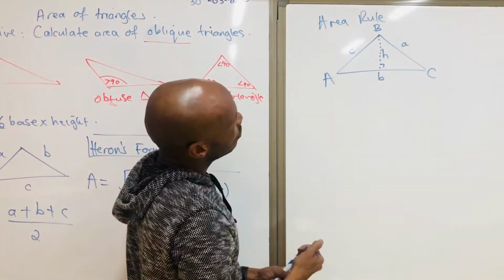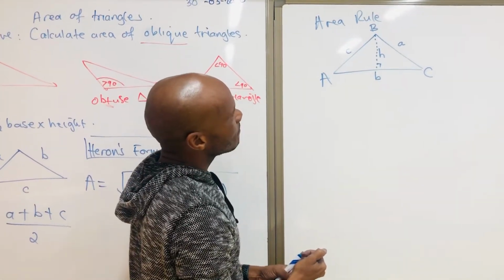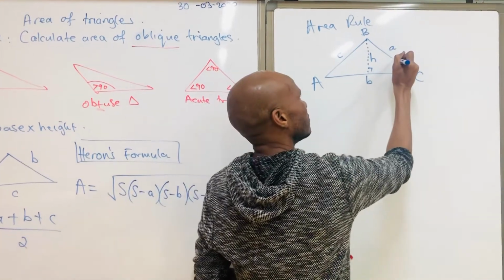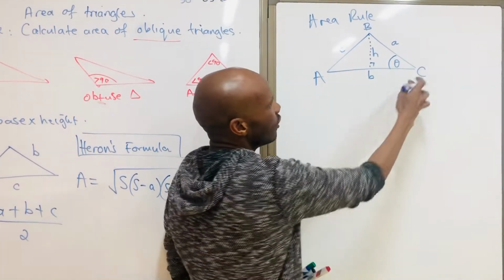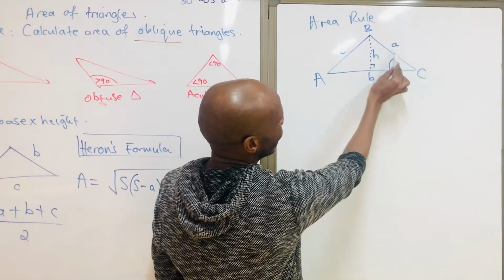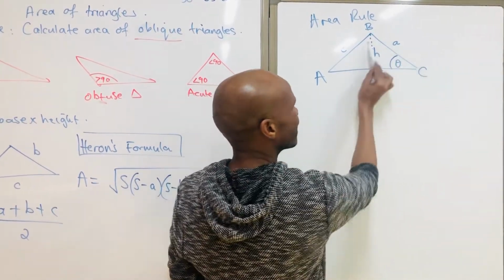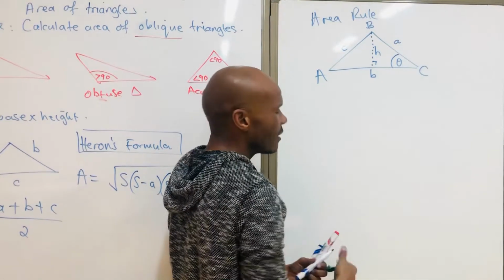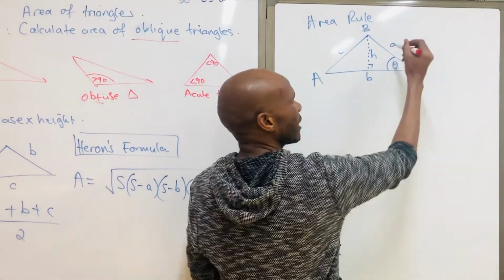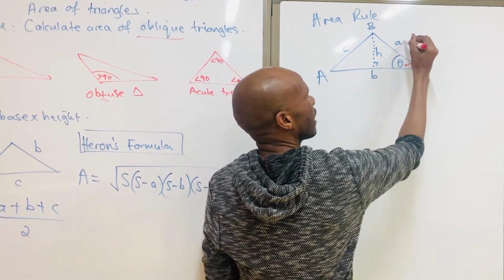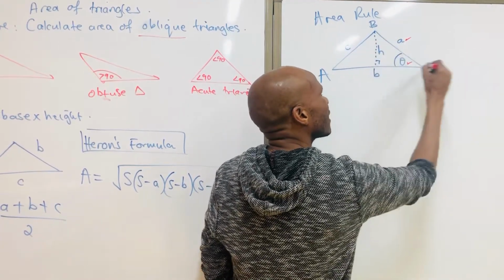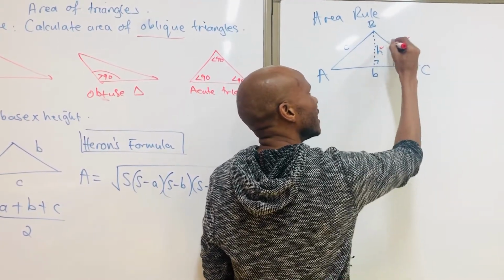So in this case, let's put an angle there, and we call that theta. You will see that now I have myself a right angled triangle. I have the angle, I have the hypotenuse of this triangle, and I have the height.